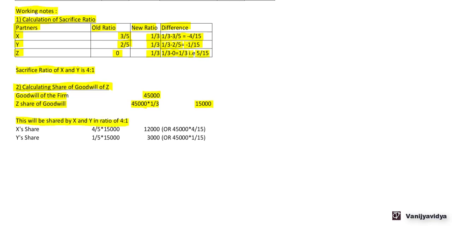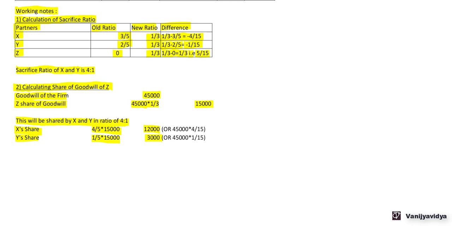So this 15,000 will be shared in their sacrifice ratio. So X share will be 4 by 5 into 15,000. So that is 12,000. Y share will be 1 by 5 into 15,000. That comes to 3,000.